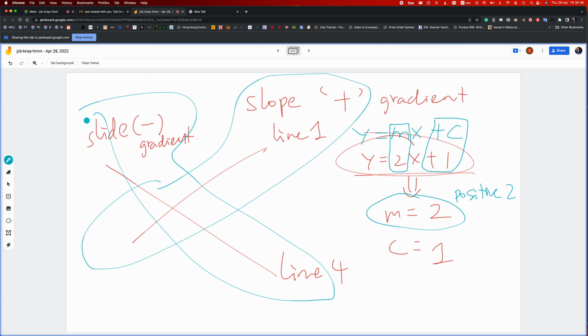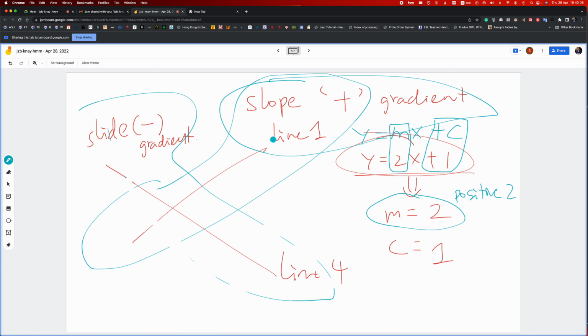Which one has a positive gradient, line 1 or line 4? Line 1. Yes. Because line 1 is a slope, and a slope has a positive gradient.